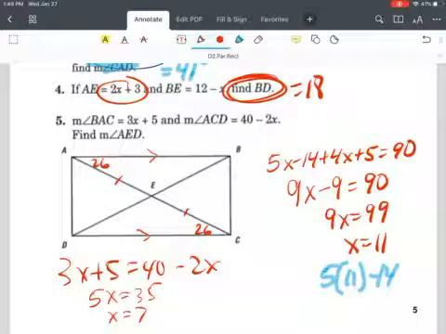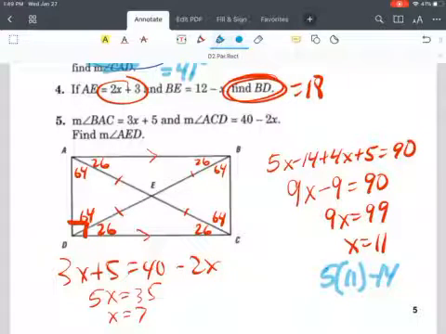And that means because of all of those segments, all of these little angles are 26. And because I know this entire angle is a right angle, I can subtract 26 from 90, and I can get 64 degrees for all of those other little ones.